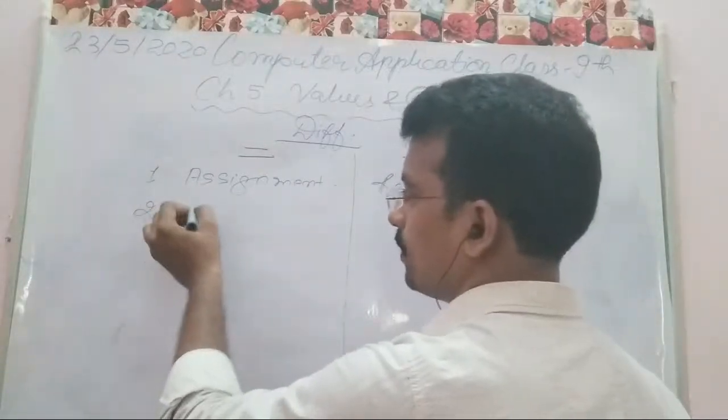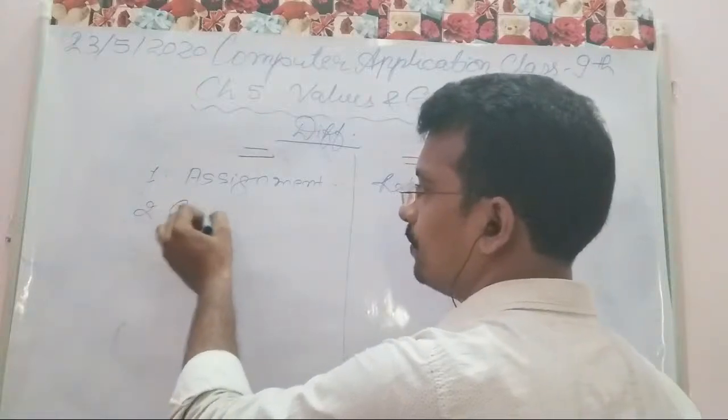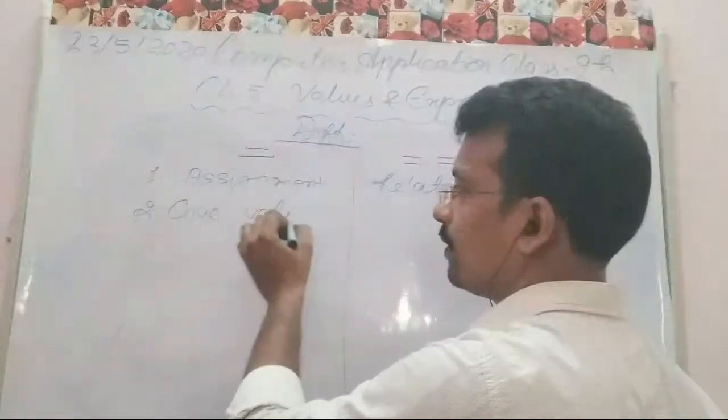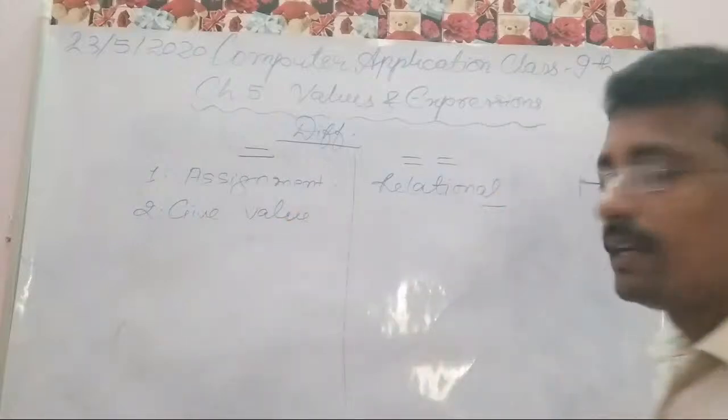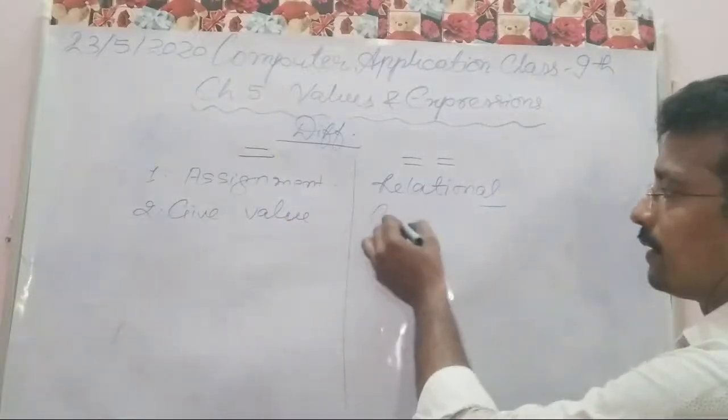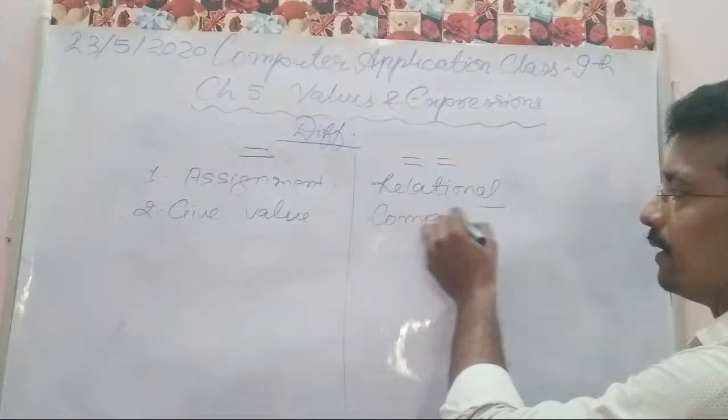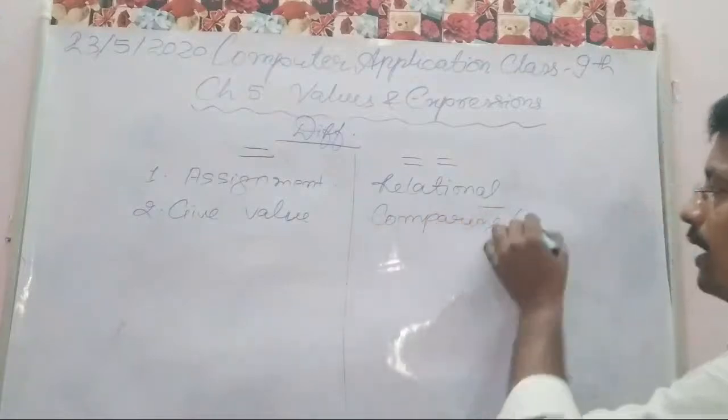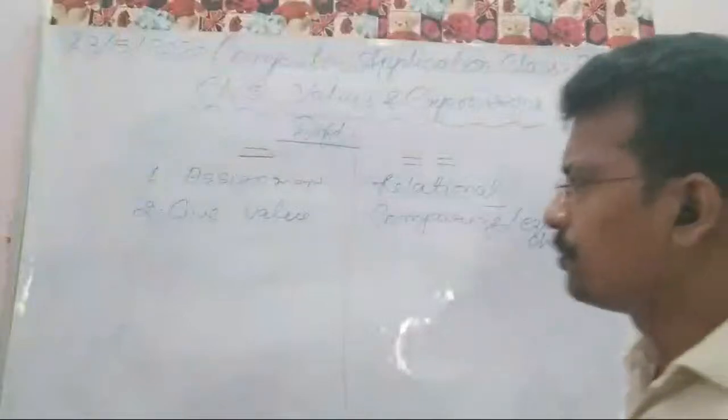It is used for giving value. It is used for comparing or equality check. Just 2 points is enough.